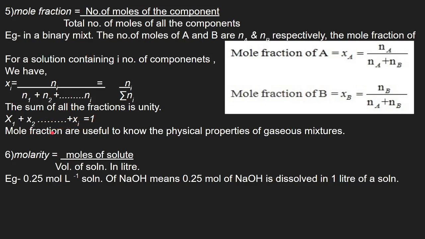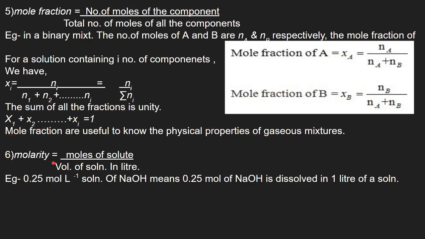So mole fractions are useful to know the physical properties of gaseous mixtures. Here we are using mole fraction to know the physical properties, like the properties which we can see with the naked eye. Those types of properties are known by mole fractions.